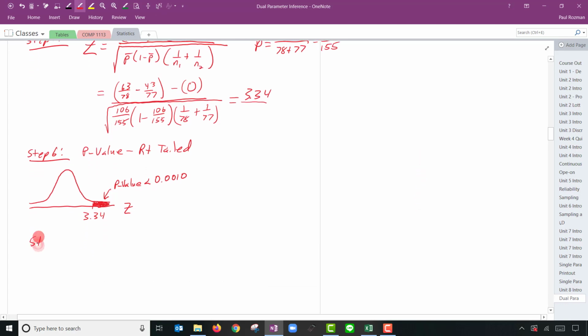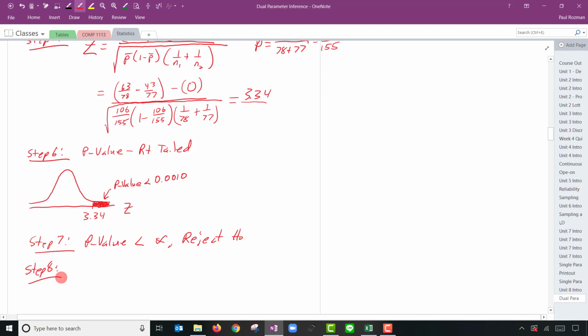And then we can do step 7. Basically, our result is unusual if we assume the null hypothesis is true. Therefore, we're going to reject the null hypothesis. Our p-value is smaller than alpha, so we reject the null hypothesis.